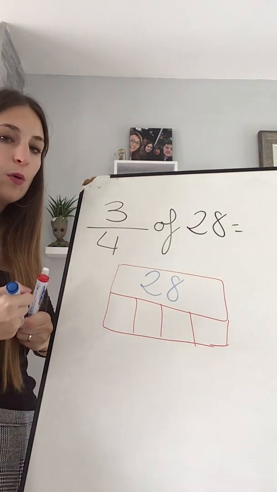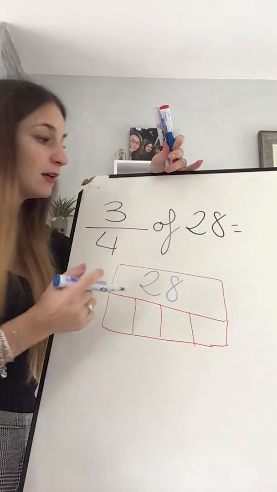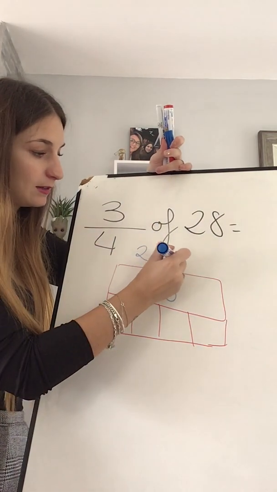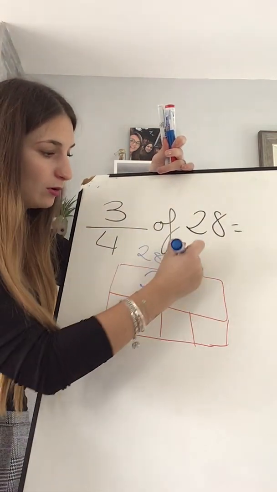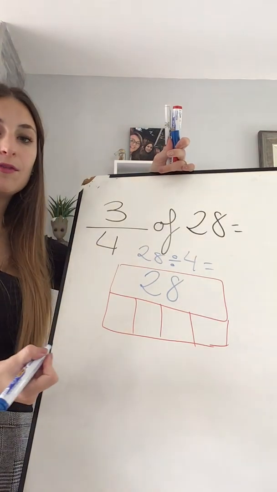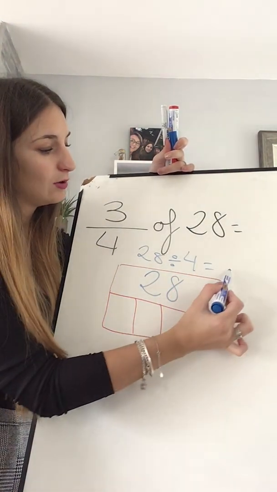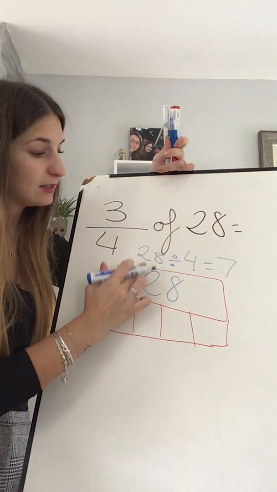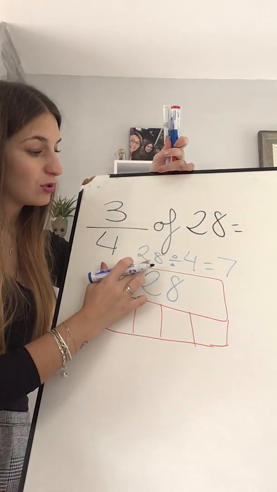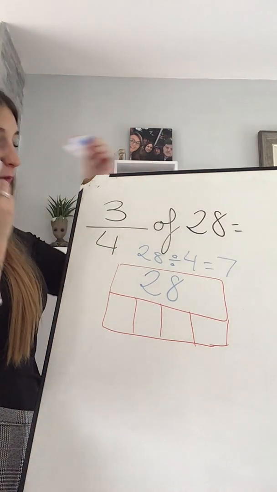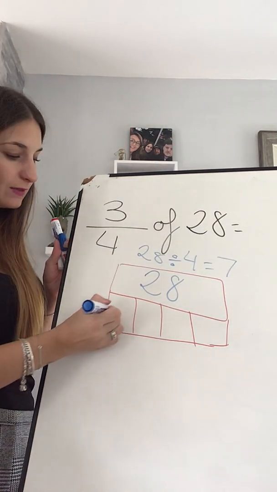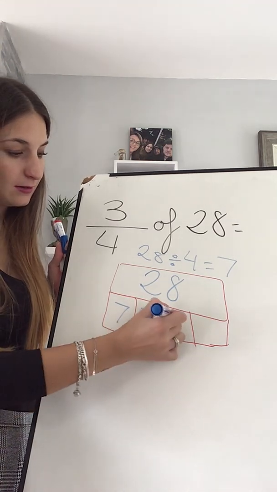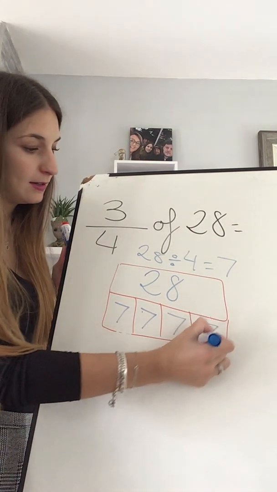Now I do not know, and I don't want to draw 28. So I know that I have 28 and I have divided by 4 equal parts. So on my 4 timetable, I know that 7 times 4 equals 28, that there are 7 4s in 28. So then I know that there is 7 and 7 and 7 and 7.